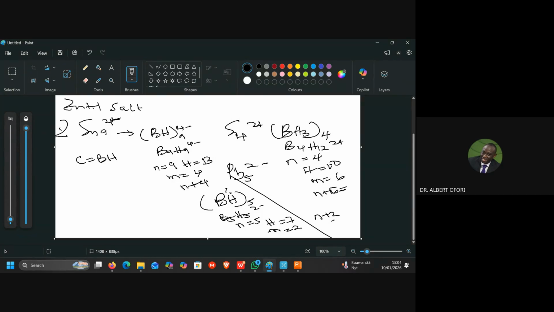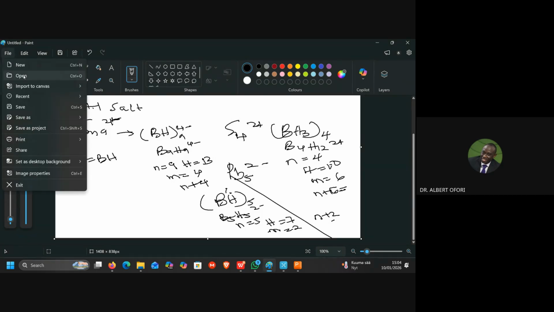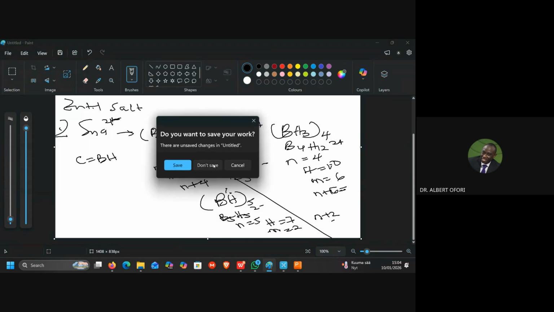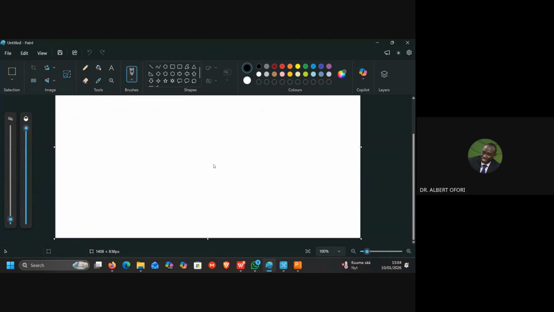Say, for example, the common borane which we normally have is diborane. So B2H6 can react with oxygen to produce boron oxide, while water will be evolved out of it.